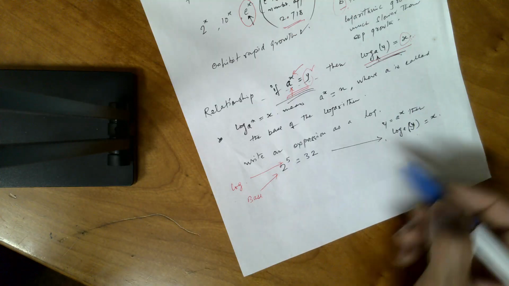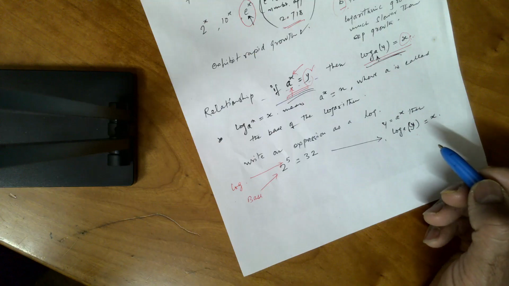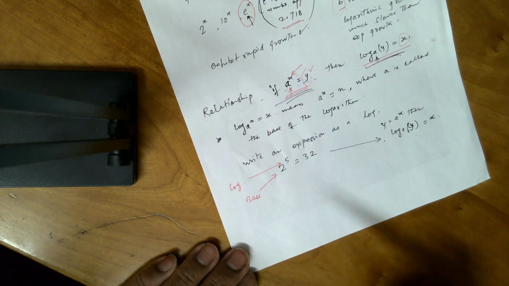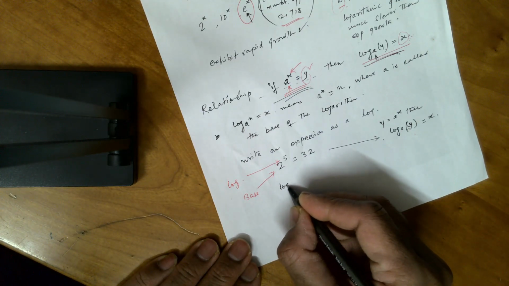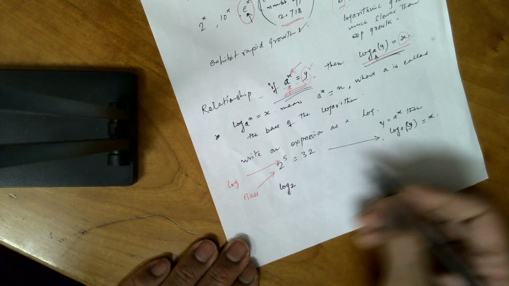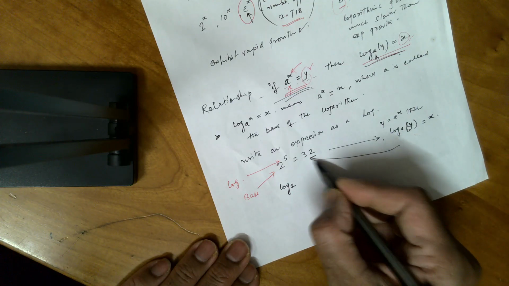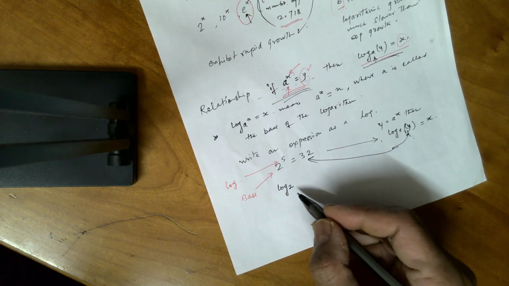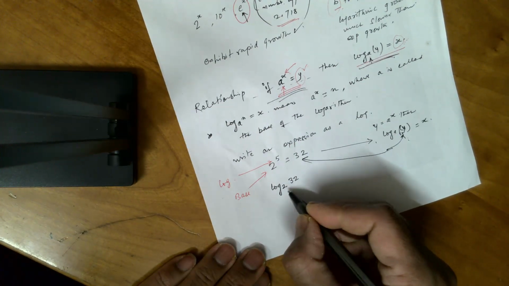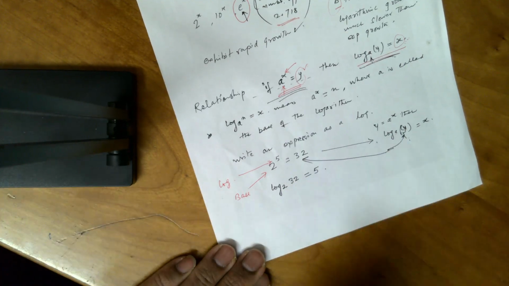Once you know what the base is, which is a here, we already discussed it, and that's your logarithm. So let's write down this expression: log base 2 of 32 is equal to 5.